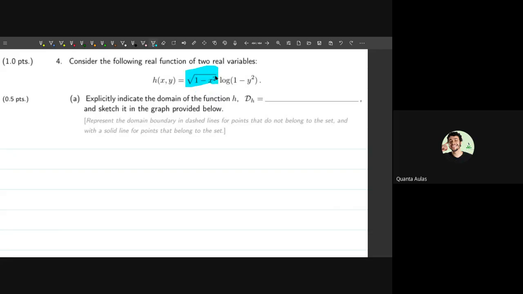For example, square root, you cannot put negative values inside the square root. And logarithm too. You cannot put 0 and negative values inside the logarithm, right?